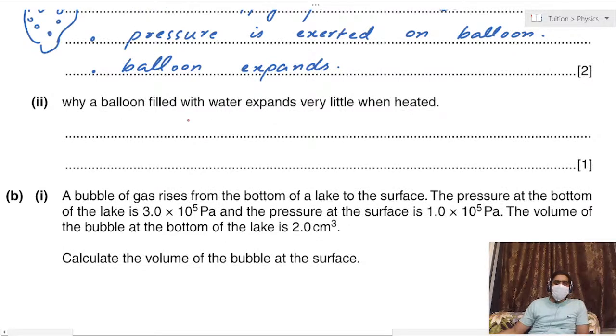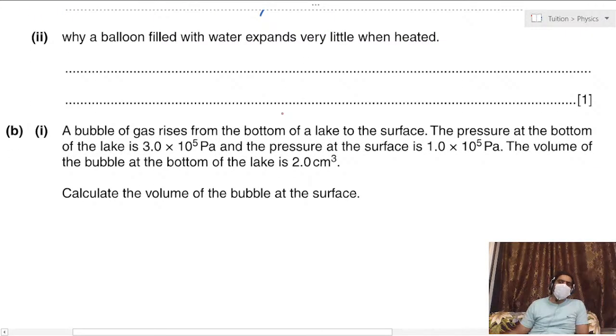Why does a balloon filled with water expand very little when heated as compared to a balloon filled with gas? Yeah, totally right. Water expands very little. All right.